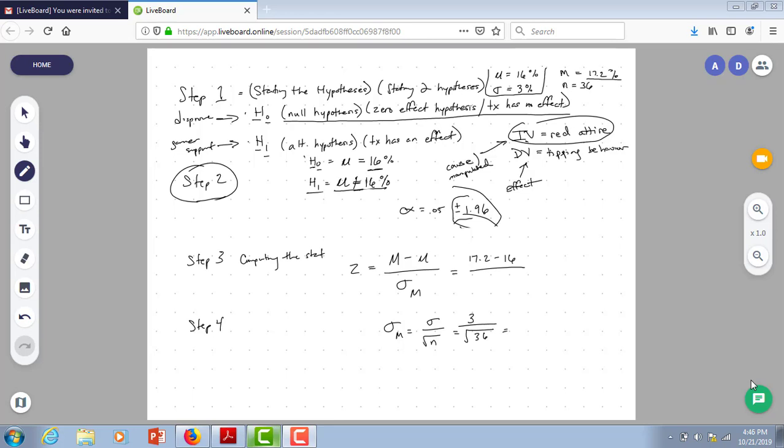We take the square root of 36, we get 6. We put 3 in the numerator, and then we transform that fraction into a decimal, and we end up with 0.50.